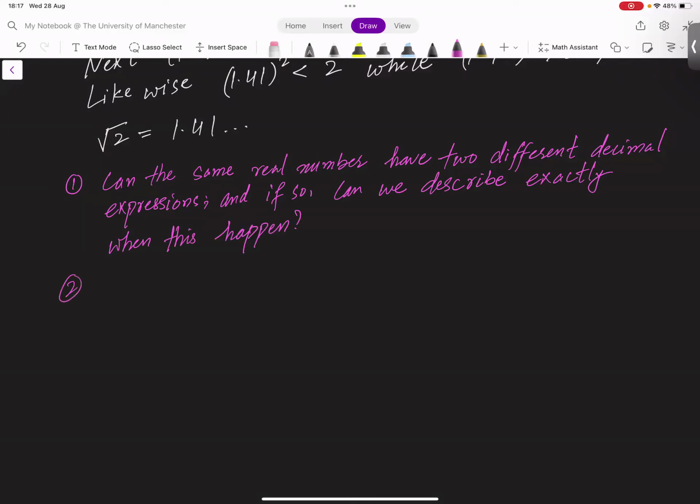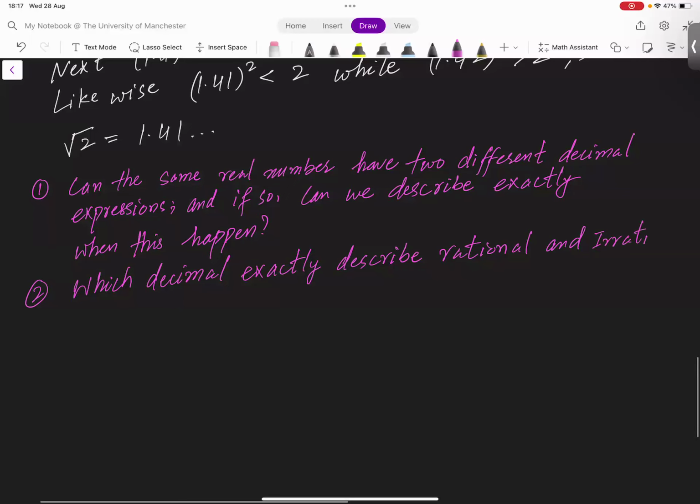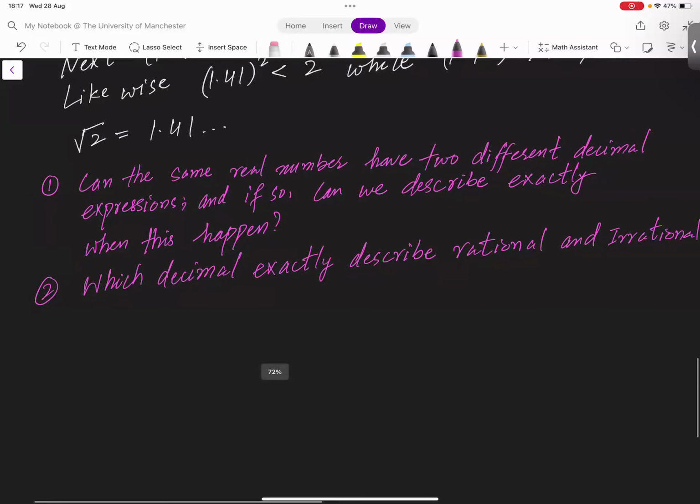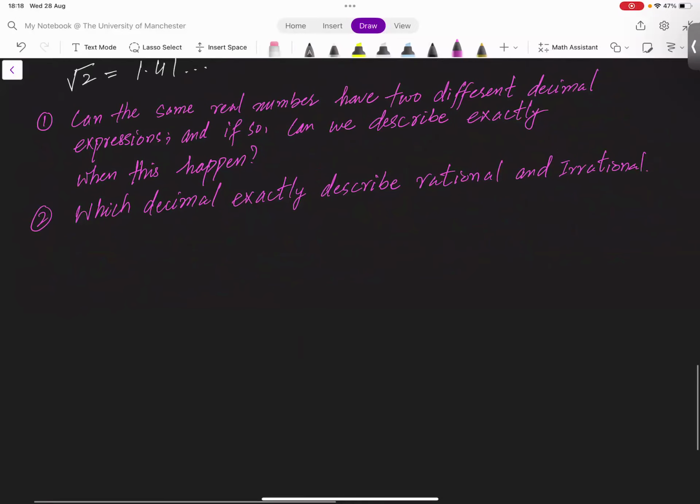Number 2: which decimal expressions describe exactly rational and irrational numbers? Now we shall answer these questions in a few results.